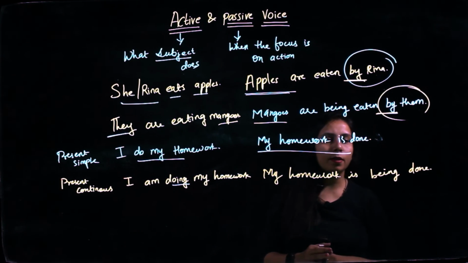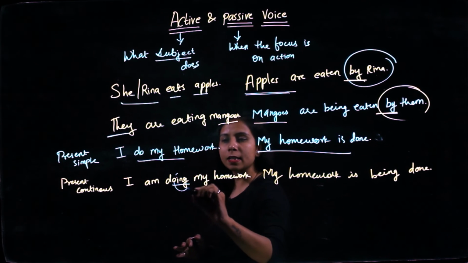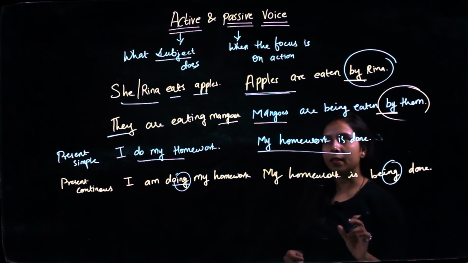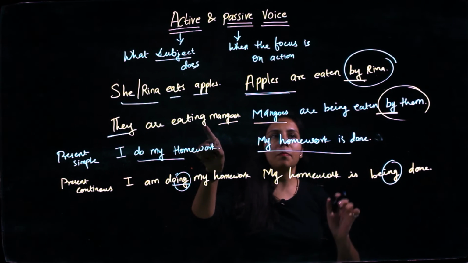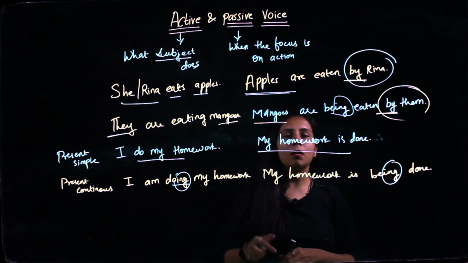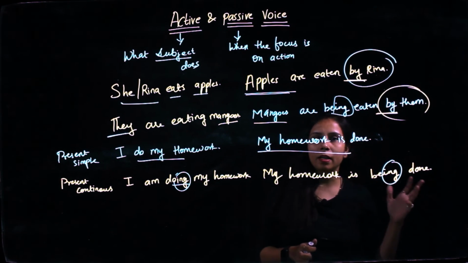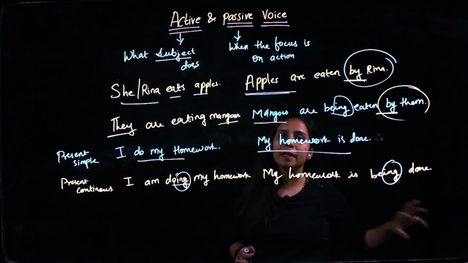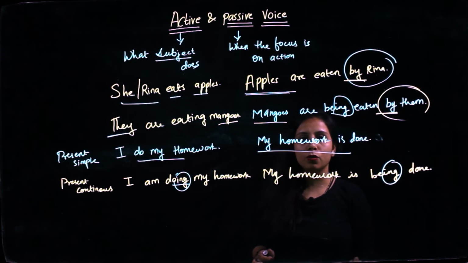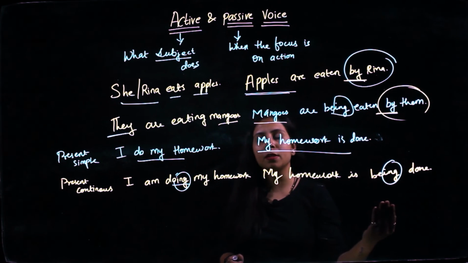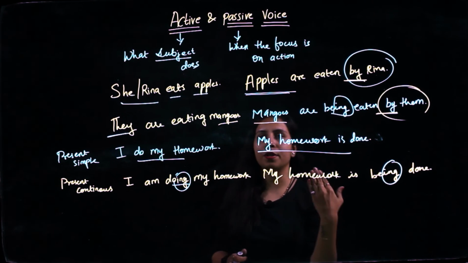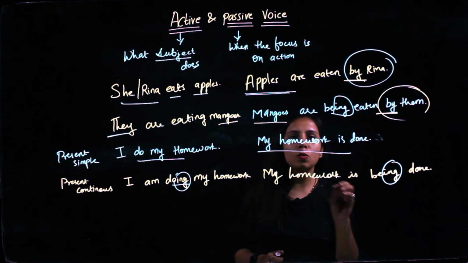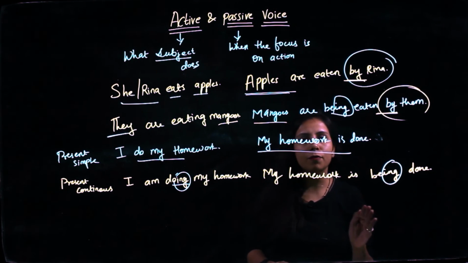One thing you must have observed again: when ing is in the main sentence, you need to add the ing word in the passive sentence as well. They are eating mangoes. The mangoes are being eaten by them. So ing would be there constantly. You can't eliminate that. This is the logic you need to follow. If you don't put it, it means you have not actually turned the active sentence into the passive sentence. The meaning remains the same and just the words are here and there. So be careful.